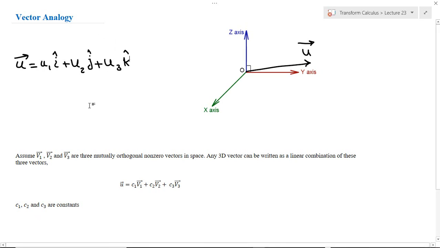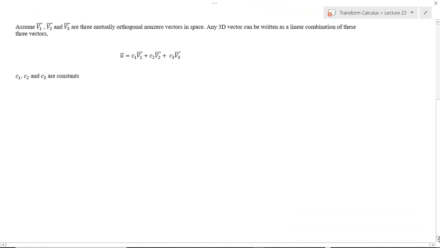So if you want to find these three unknown coefficients, for example, in order to find C1, what we have to do is find the inner product of vector U and V1. So if I find the inner product of vector U and V1, we said that the inner product for vectors is the same as the dot product.